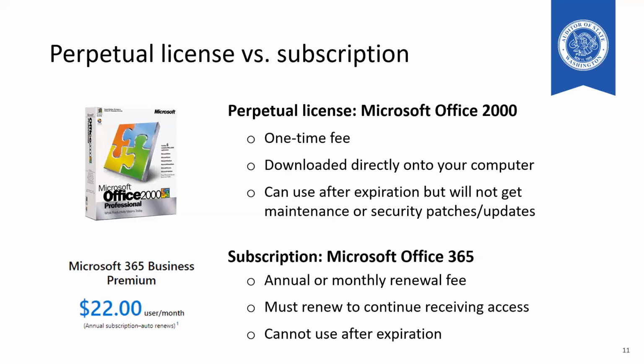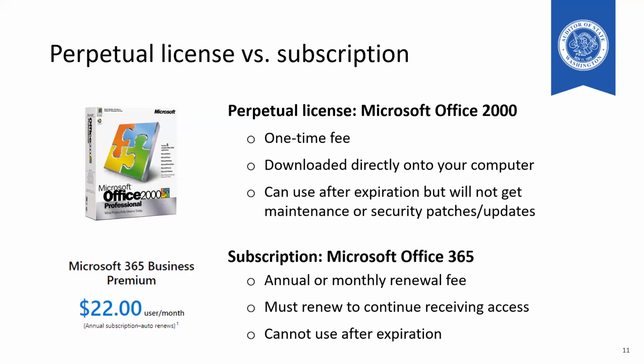Let's look at an example. One example that most people would be familiar with are the Microsoft Office products. If we think about the older versions of Microsoft Office, such as Microsoft Office 2000, those were perpetual licenses. You paid a one-time fee, you downloaded it directly onto your computer, and you were still able to use the software after it expired.